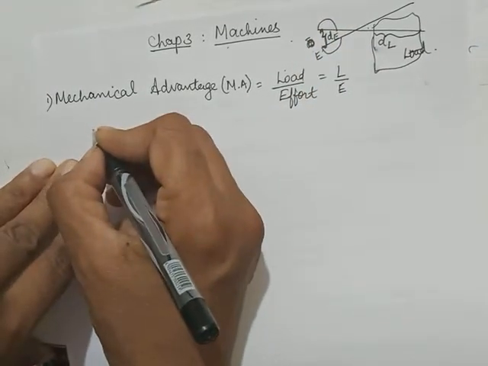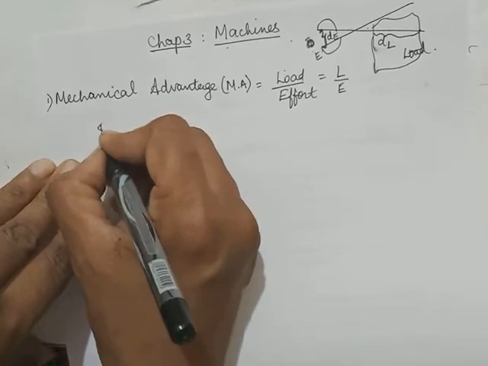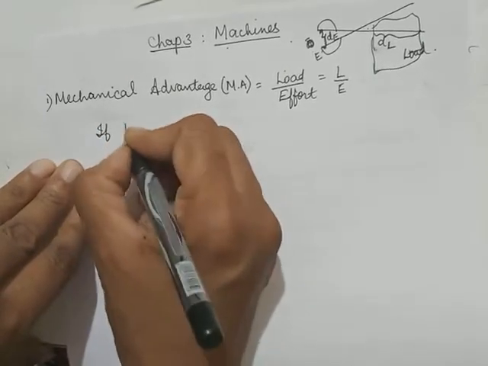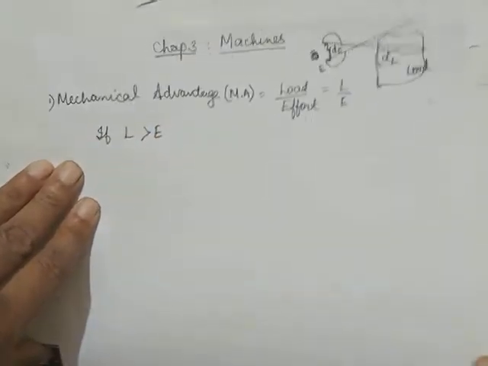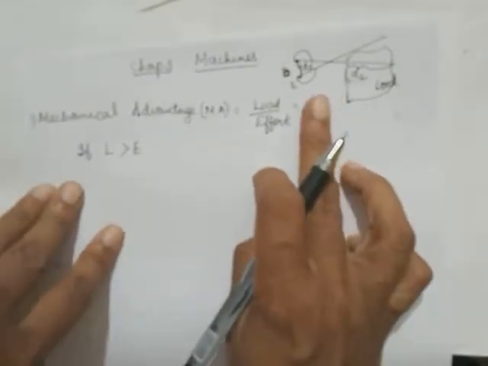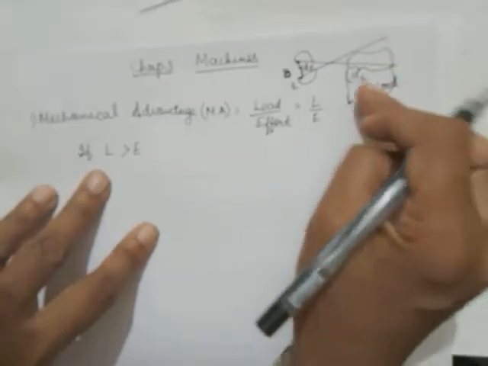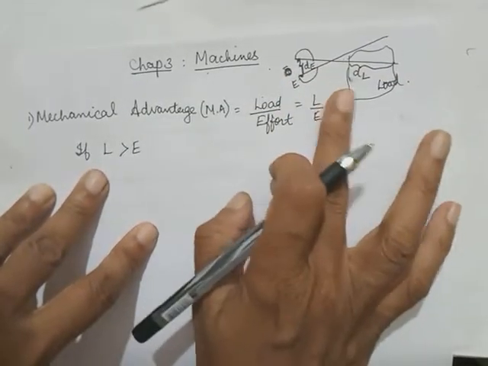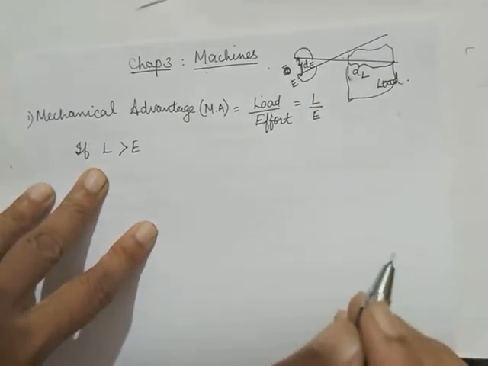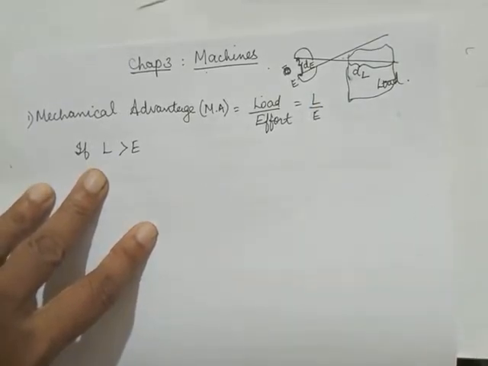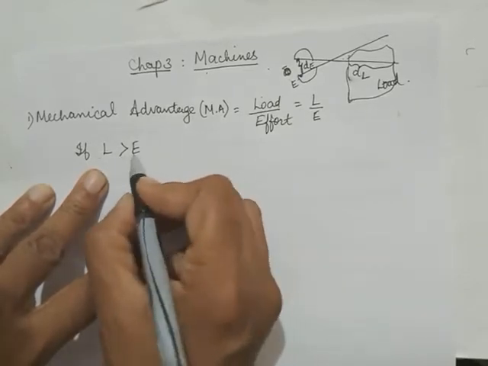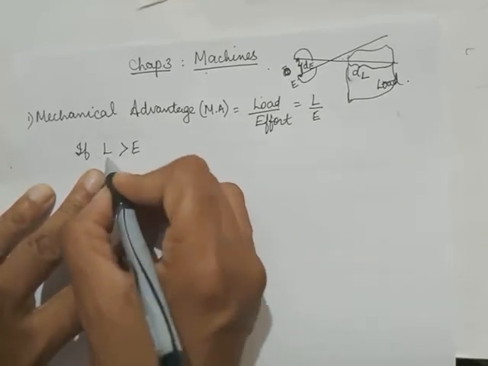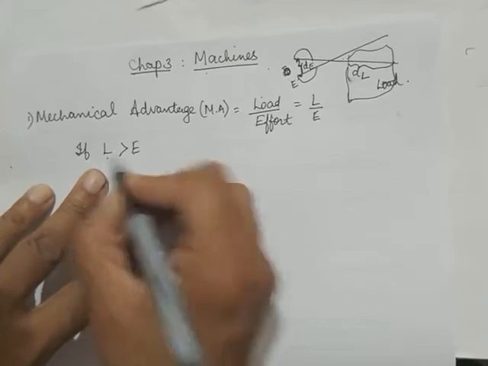Now there is a special case if load is greater than effort. One of the uses of a machine is to do a heavy work with a less effort. Not this one, this one doesn't do that. Example, screw jack and all that. By applying small force, a big car can be lifted up. That means less effort, small effort, but greater load can be lifted up.